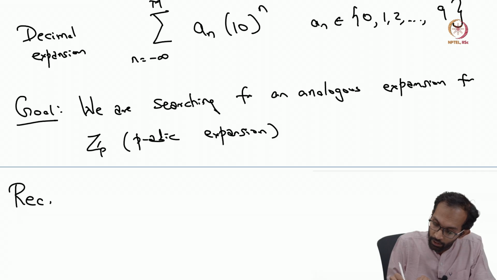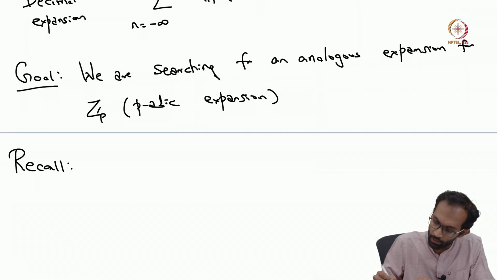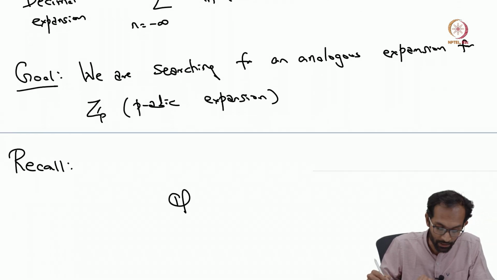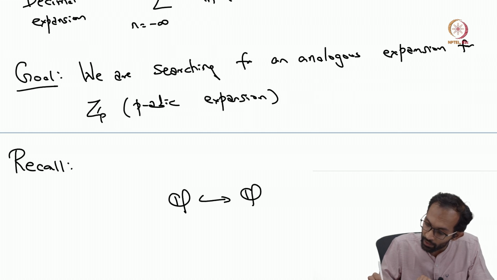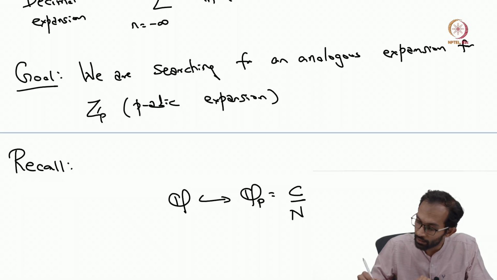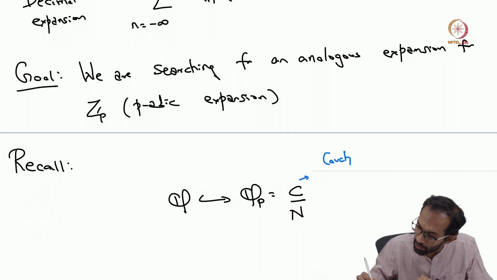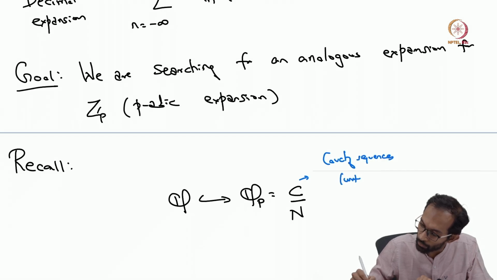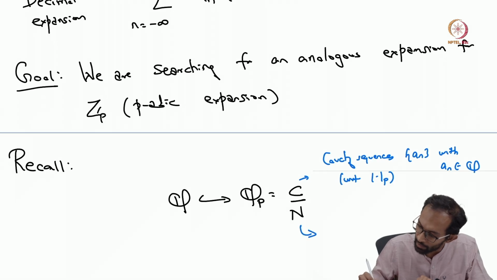And again, just to recall, we have the rational numbers sitting inside Q_p, and we thought of Q_p as this quotient C over N, where C was the Cauchy sequences with respect to the p-adic absolute value, where the a_n are rational numbers, and N was all the null sequences.